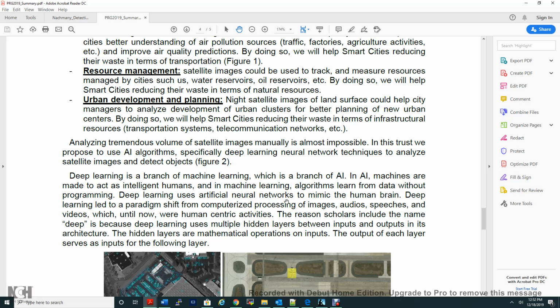Deep learning led to a paradigm shift in the computerized processing of images, audio, speech, and videos, which until now were human-centric activities. If you provide input to the system, it produces the output with recognition.